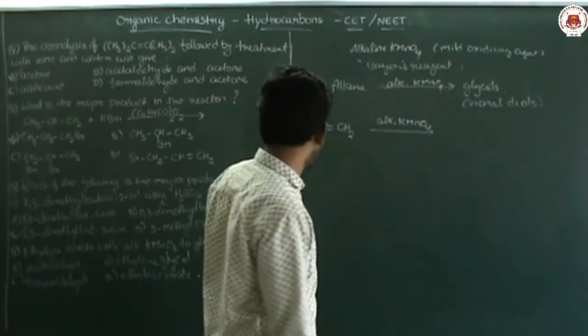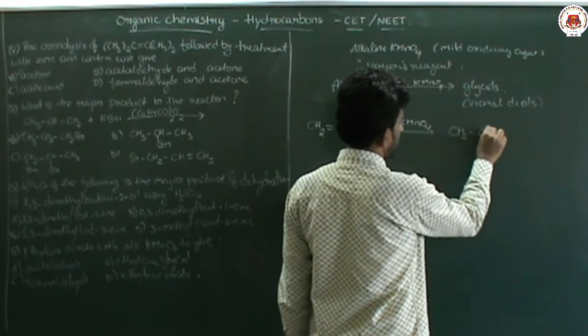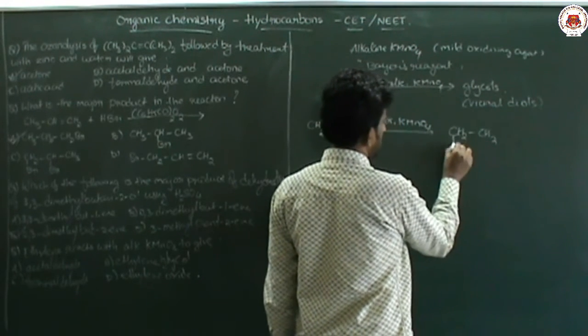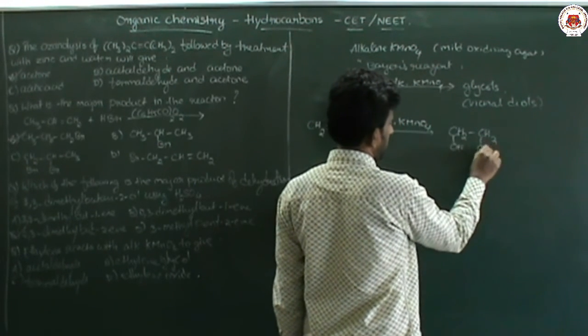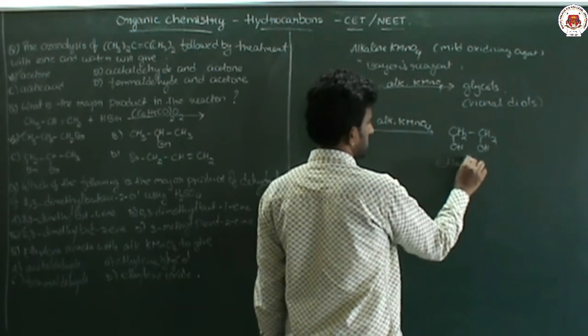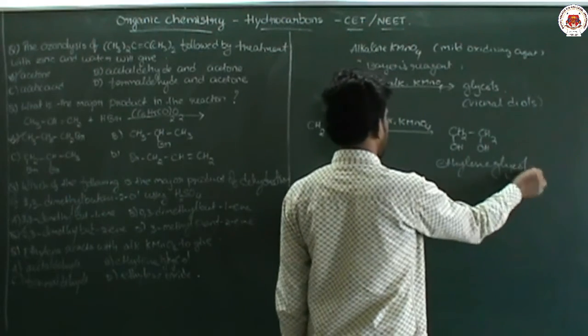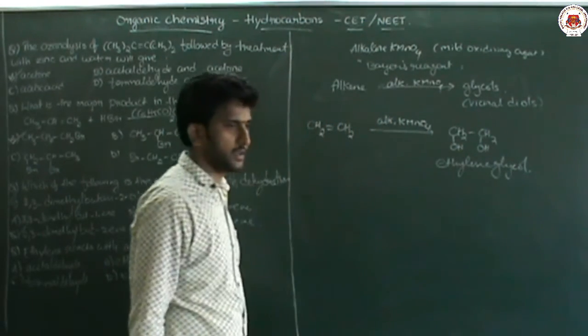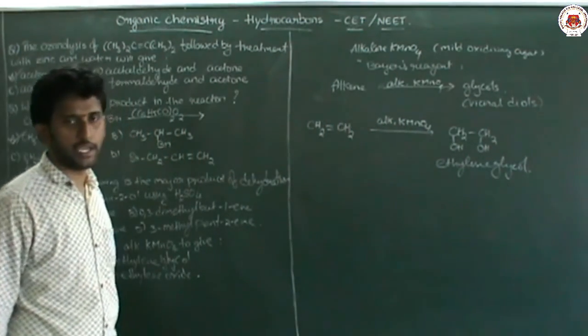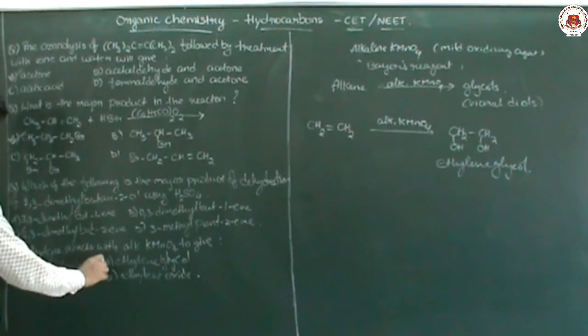The double bond is broken and glycols will form. These are called glycols. So this is ethylene glycol, the common name. Ethylene glycol is obtained on treating with Baeyer's reagent. So where is ethylene glycol? Here, D.